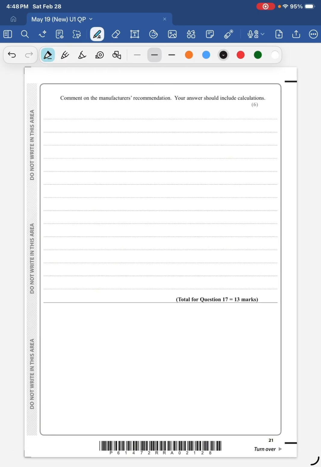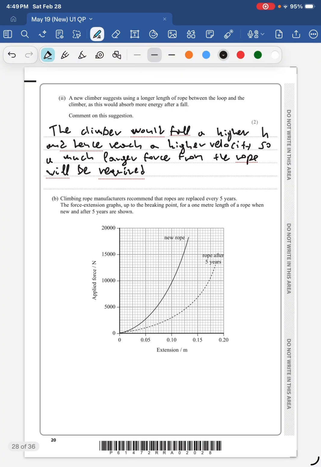Comment on the manufacturer's recommendation. Your answer should include calculations. So the stored energy is equal to the area under the graph.